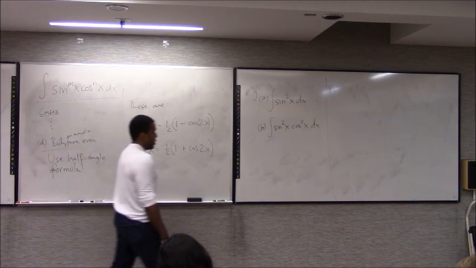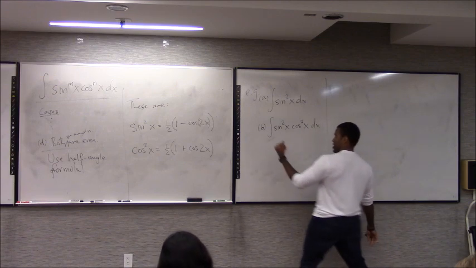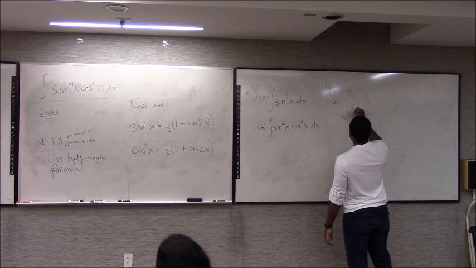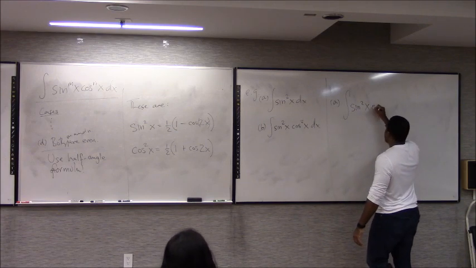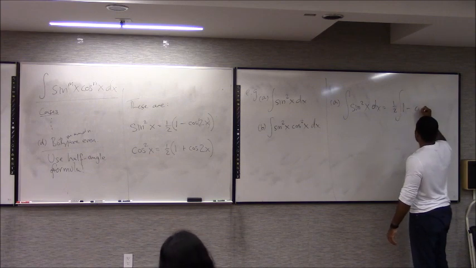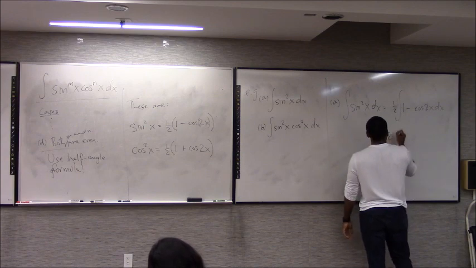So, you have sine squared. This one is pretty straightforward. You're literally going to replace it with that. So we have the integral of sine squared dx. This is going to be equal to 1/2 times 1 minus cosine of 2x dx.